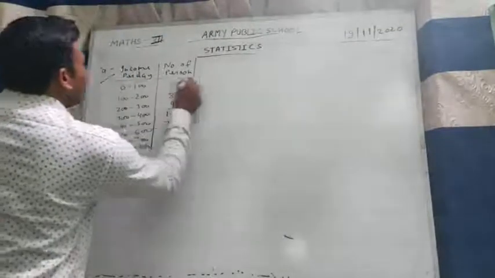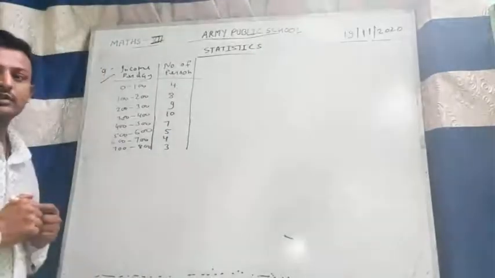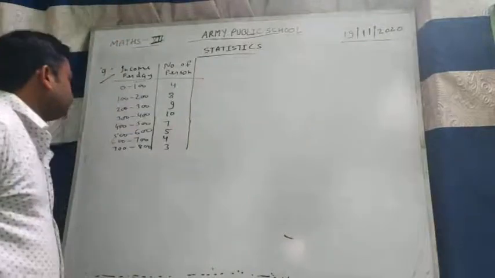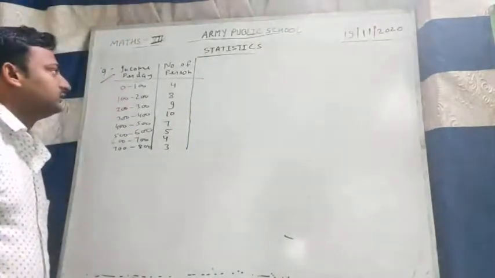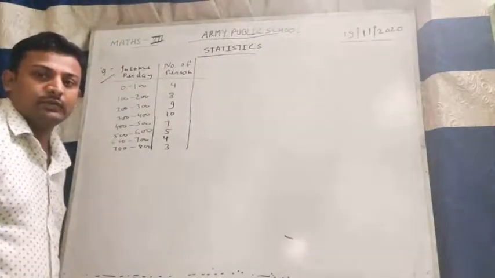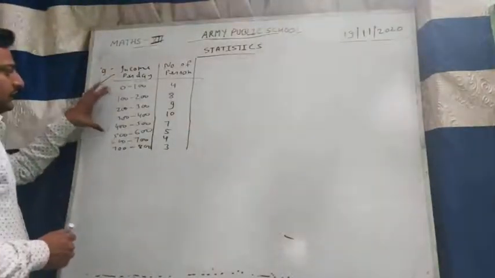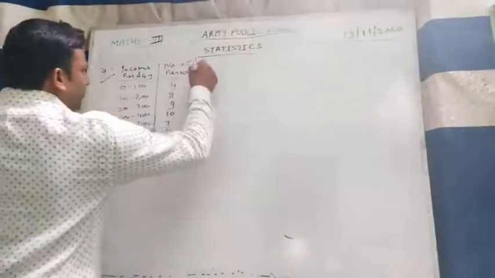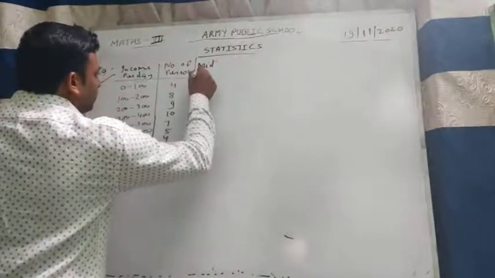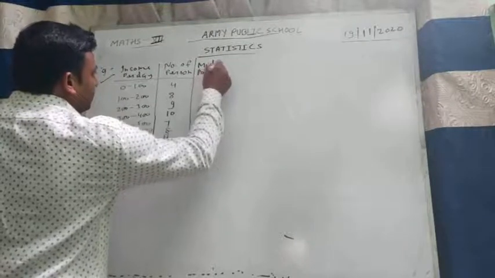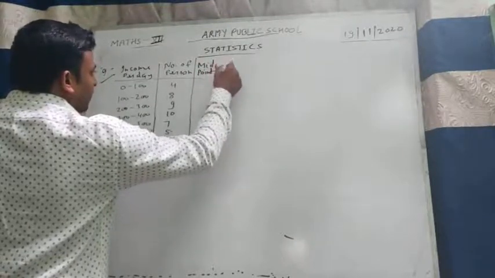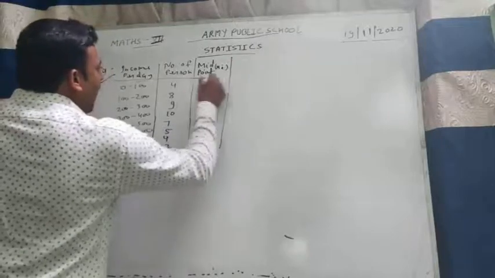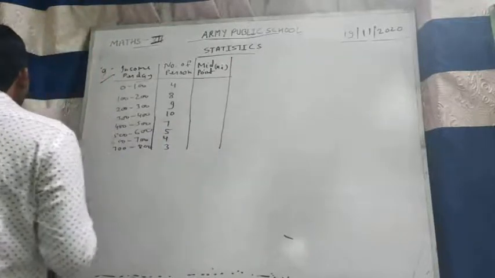This is the information which is given, and we have to find the mean deviation from the help of the mean. So this is a class interval, so first we will find out the midpoint, which is our xi.